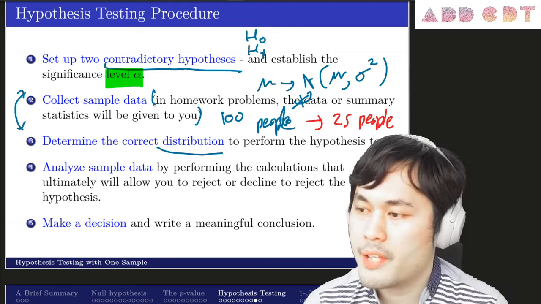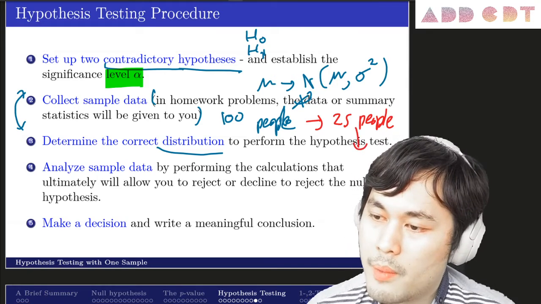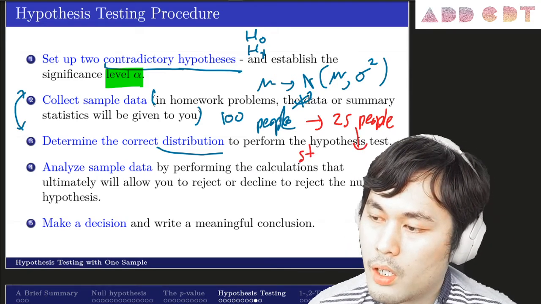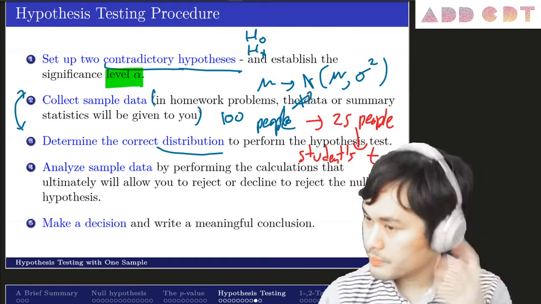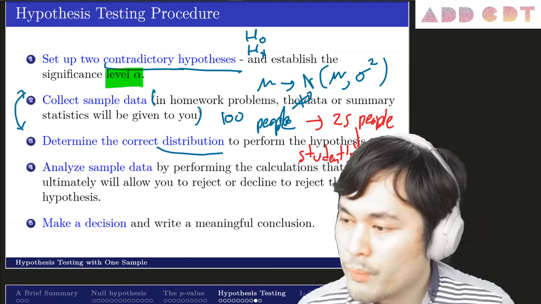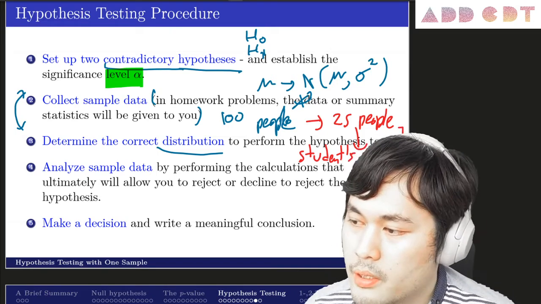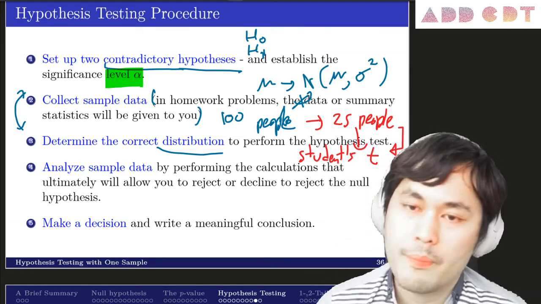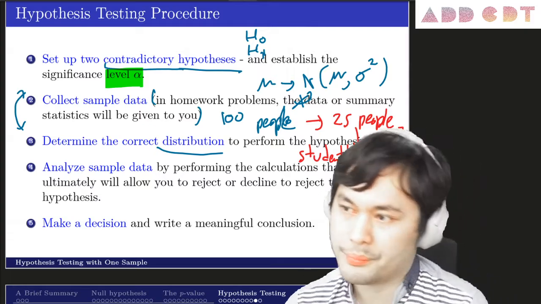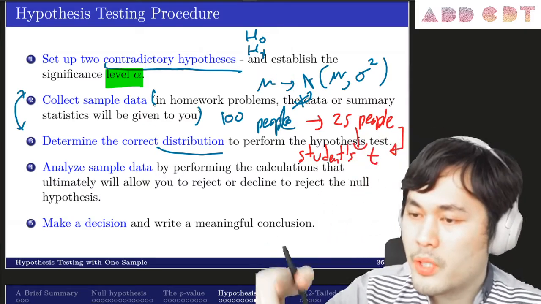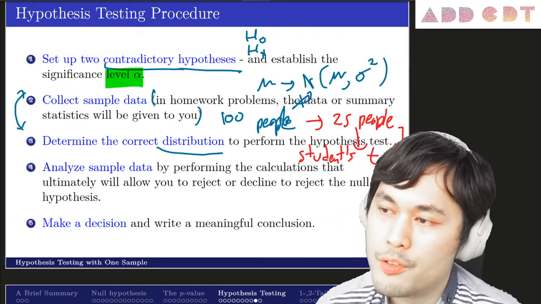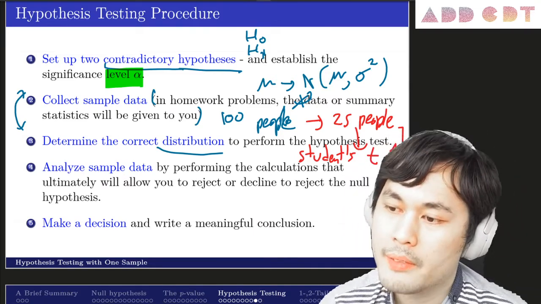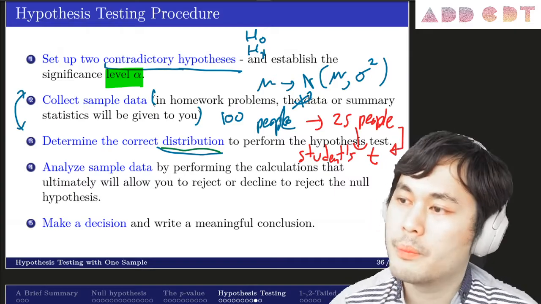For a small sample size, you have to use a different distribution called, again, the Student's t. That's the distribution based on the size of the sample. So sometimes you can determine that in advance. Anyway, you have to correctly identify what kind of distribution you are working with.